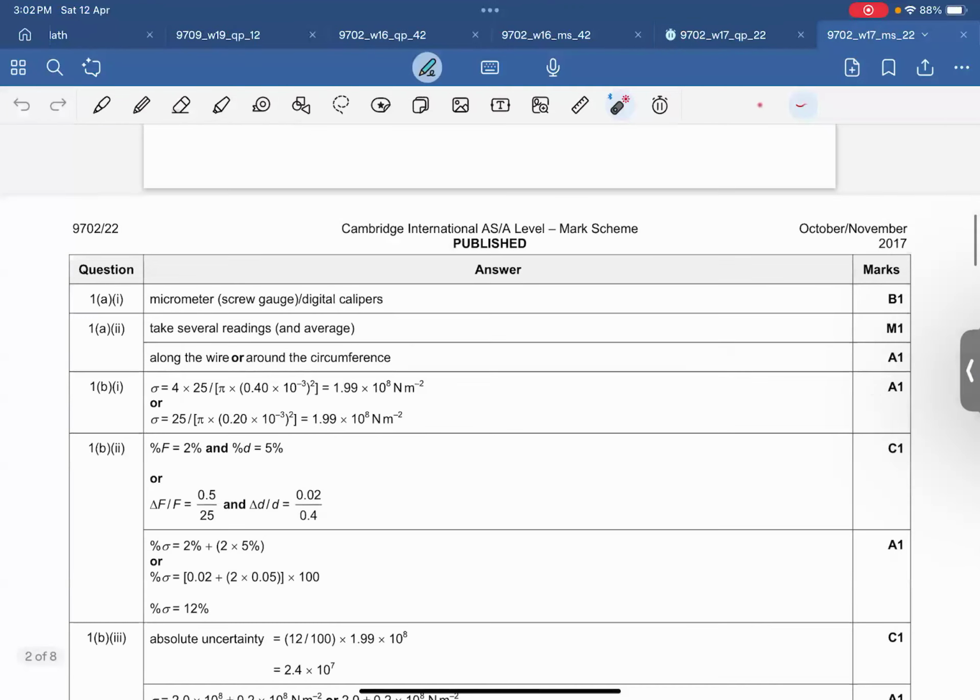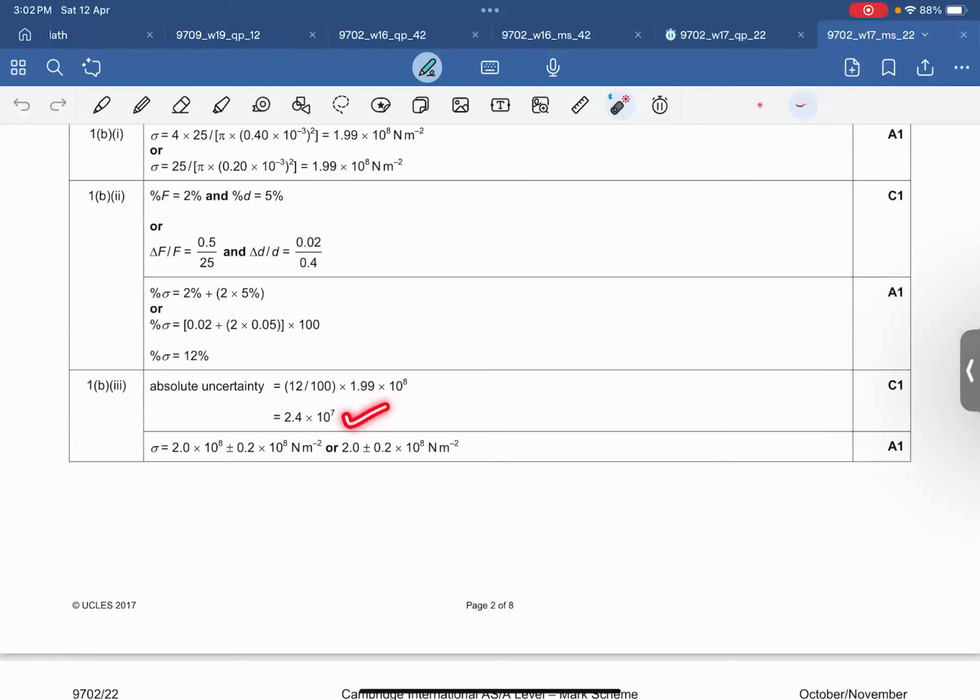Look, so this is what you get mark for, but the answer should be in this form, okay? बच्चों क्या ये बात क्लियर हो गई है? Is that clear?